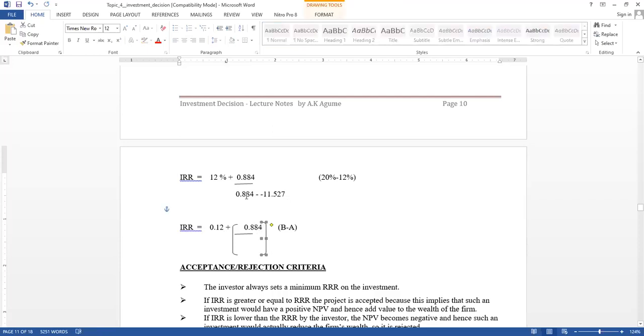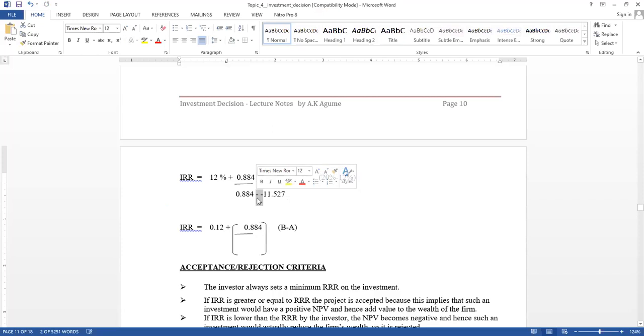Now, you see, this is 0.884 minus a negative. So that means now this is going to change into a plus, because a negative minus a negative.